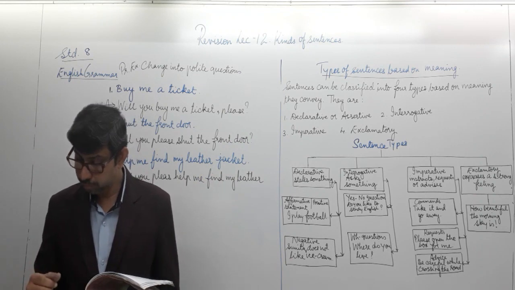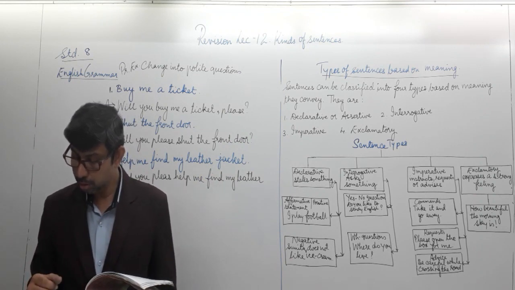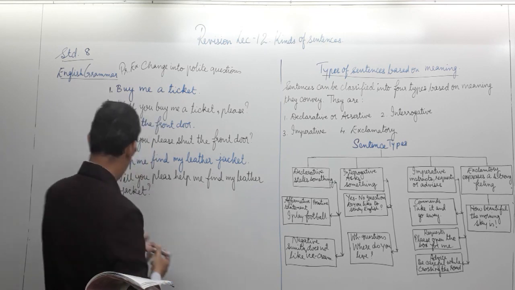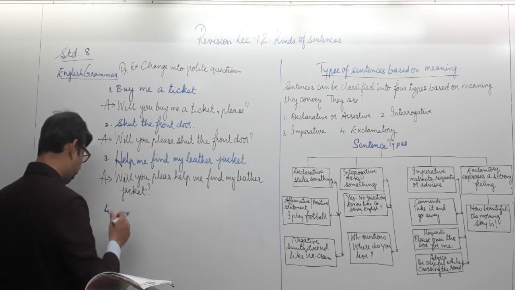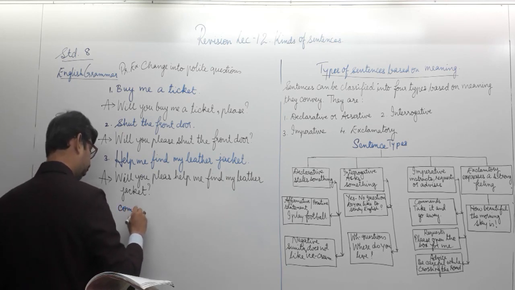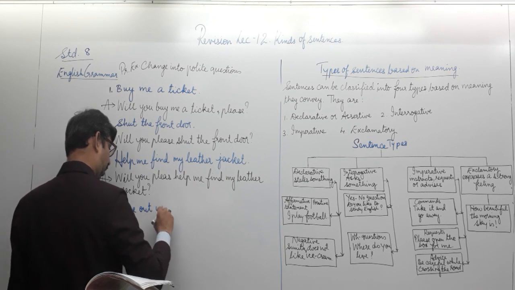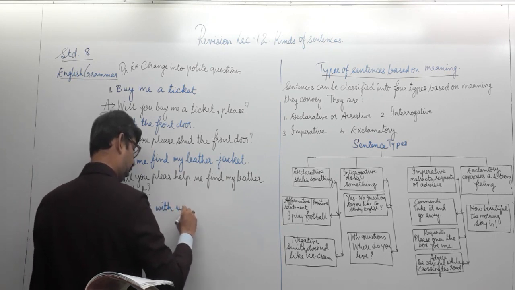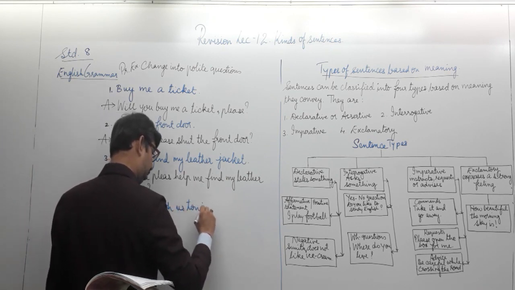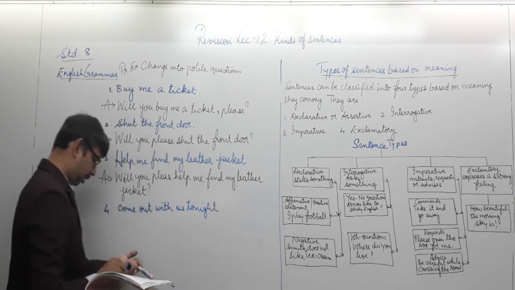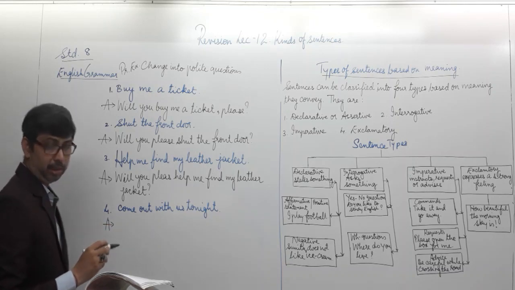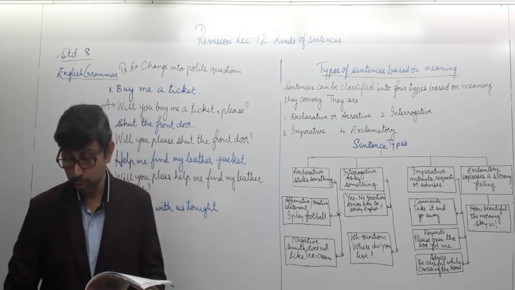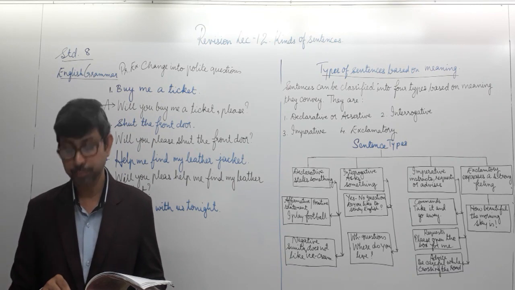The next one, come out with us tonight. So a simple command or a kind of request being made over here, come out with us tonight. Well, you can change this into a polite question when you want to ask someone to join you to come out.